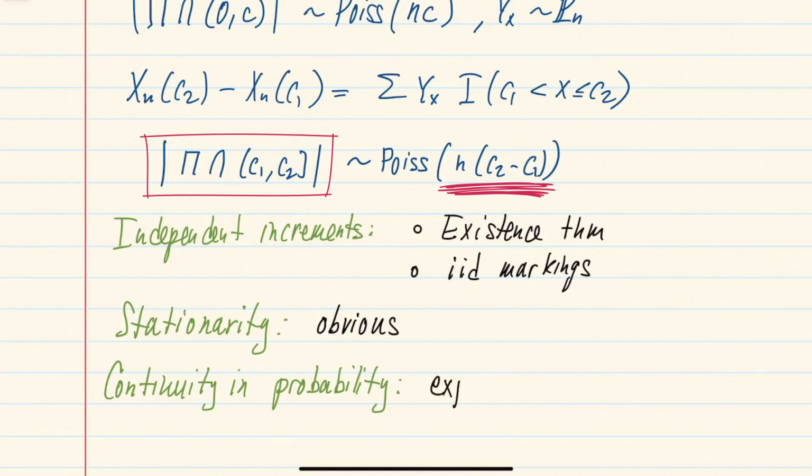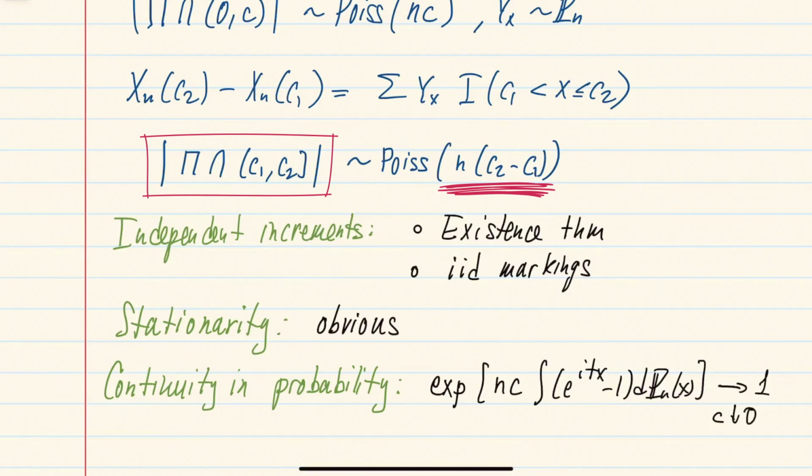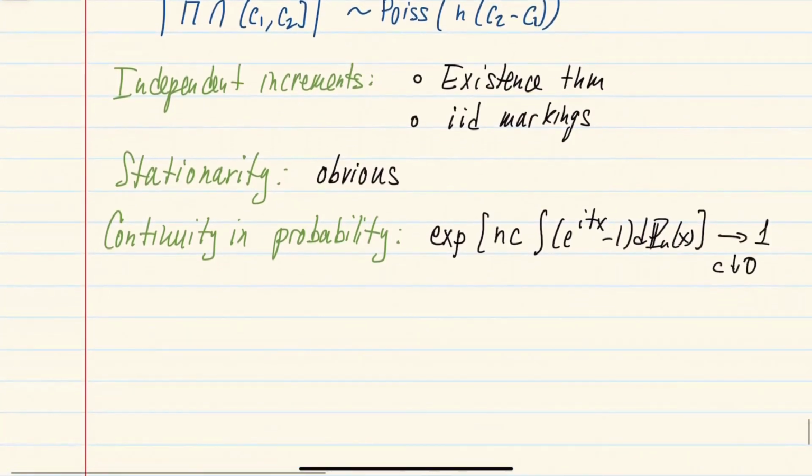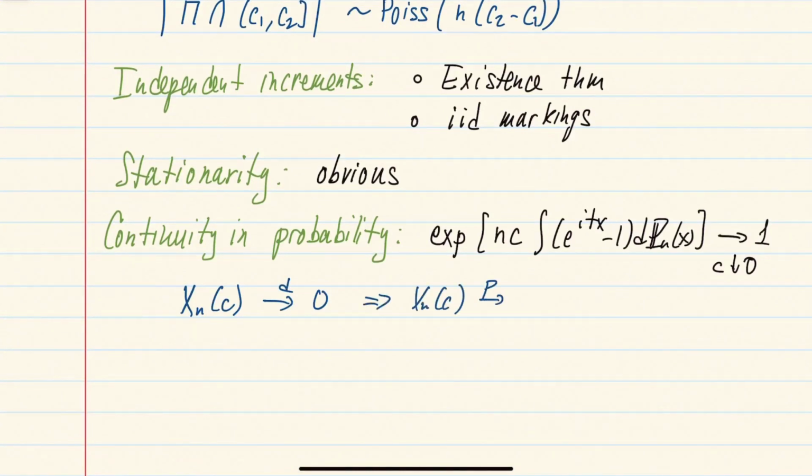So we said that the characteristic function of this process Xn at time c was just exponential of nc times this integral, which clearly goes to 1 as c goes to 0. So in other words, just like above, this means that our process at time c converges to 0 in distribution, and this automatically implies convergence in probability to 0. And of course, by stationarity, the same is true for the increment of the process in any location.